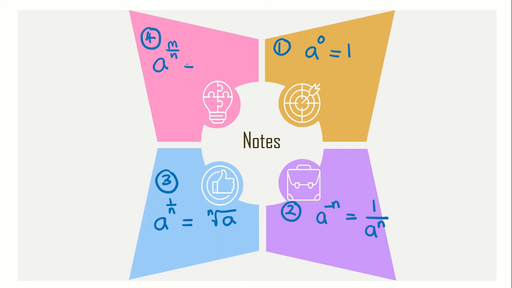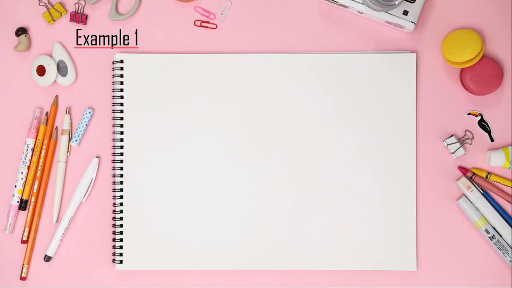So this is basically equals to a to the power of m. Then we take the nth root of the number. Okay, so I hope you understand about the important things that we have to be careful with when dealing with indices. Okay, now let's look at example number 1.